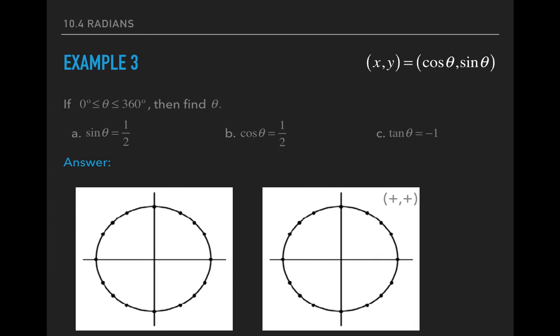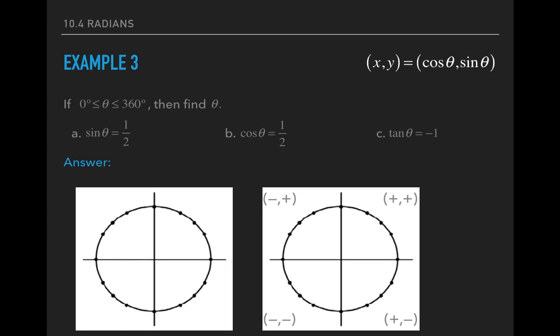In the first quadrant, both x and y are positive, so your cosine and sine are both positive. In the second quadrant, it would be negative cosine values and positive sine values. In the third quadrant, both are negative, cosines and sines. And then lastly, your cosine will be positive in quadrant 4, but sine will be negative.